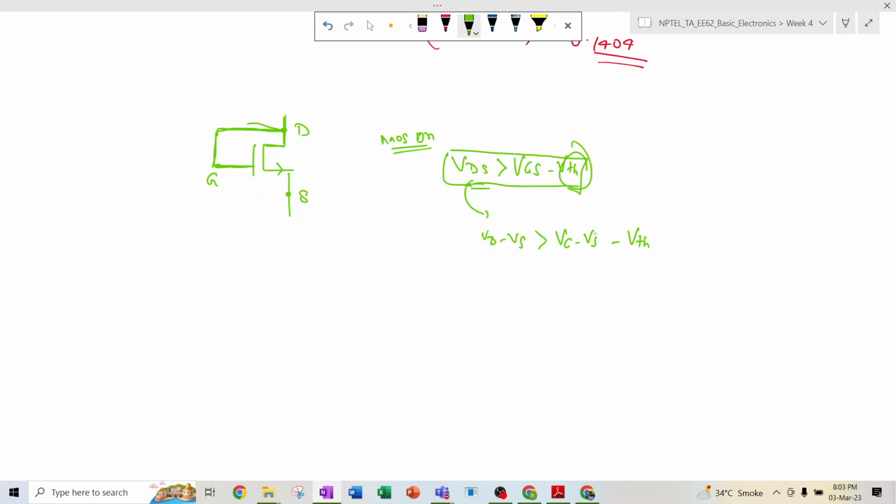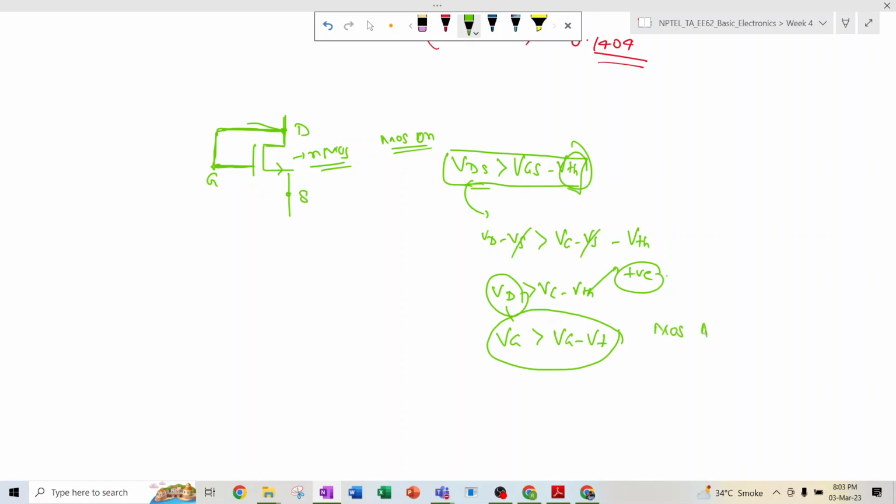The source terms cancel out, so VD should be greater than VG minus VTH, and this is an NMOS, so VTH is always a positive number. If drain and gate are shorted, then VD is equal to VG, so VG should be greater than VG minus VTH for the MOS to be in the active region.